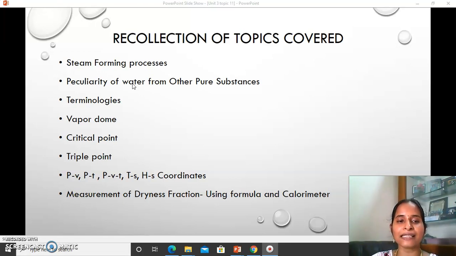The phase occupation within these coordinates was differentiated in a very well understood manner by using that vapor dome. That is where the solid phase would be present, liquid phase, liquid and vapor phase, solid and vapor phase, what is the critical point, above that point what happens, below that point what happens, below the triple point what happens.